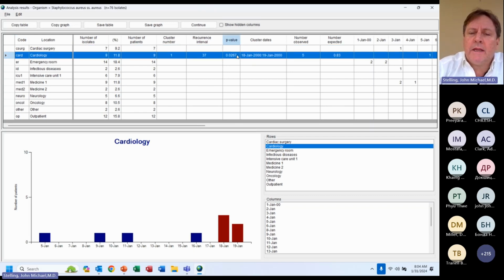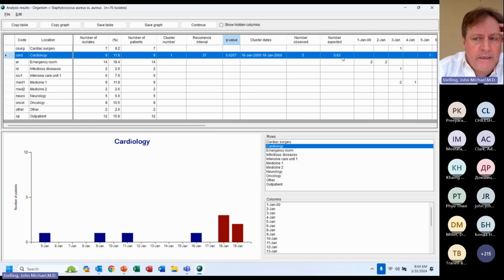So SaTScan is telling me that this has a p-value of 0.0267. The cluster dates are from January 18th to January 19th. It involved 5 people, but we would have only expected 0.83 people if everything were based on averages. The concept is similar to a chi-square.